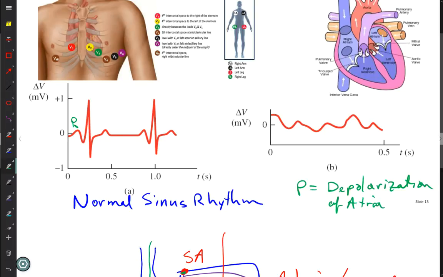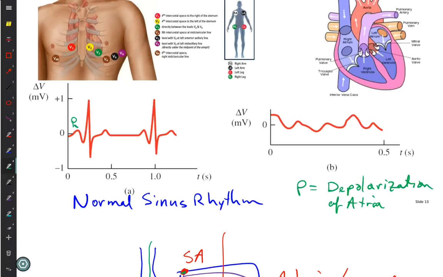What that means is you have the signal going through your atria, the muscles contracting, and you're pushing blood from the atrium into the ventricles. So that's what that first rise is. So if somebody's atria just aren't doing anything, no voltage going through it, that could be a flat line. And like I said, that's not good, but it doesn't kill you.